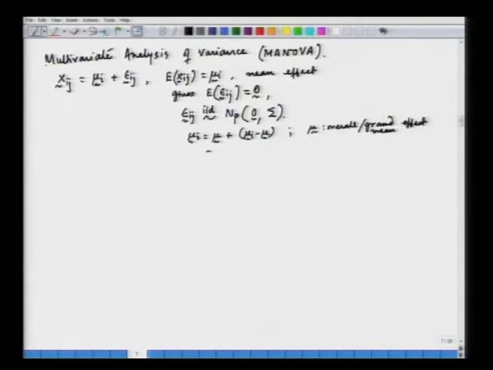right. So, for this second part we use a notation for the treatment effect. That is what we do in ANOVA, this being the treatment effect tau I, a vector again here. And so, let us now write the one way MANOVA model explicitly.